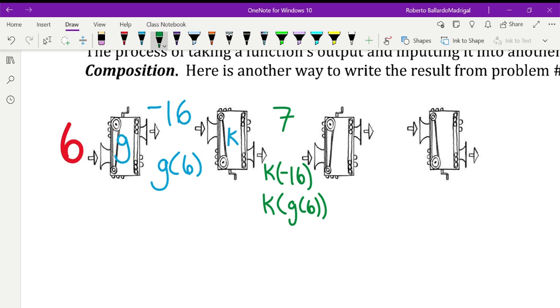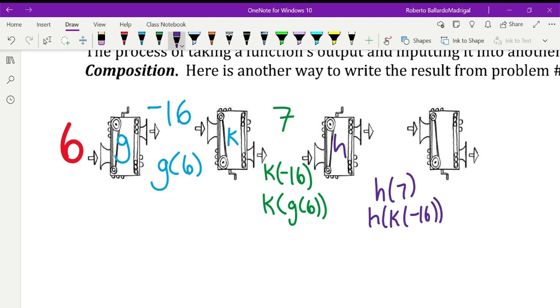7 goes into function h. So we are doing h of 7, right? Or you could think of this as h of k of negative 16.